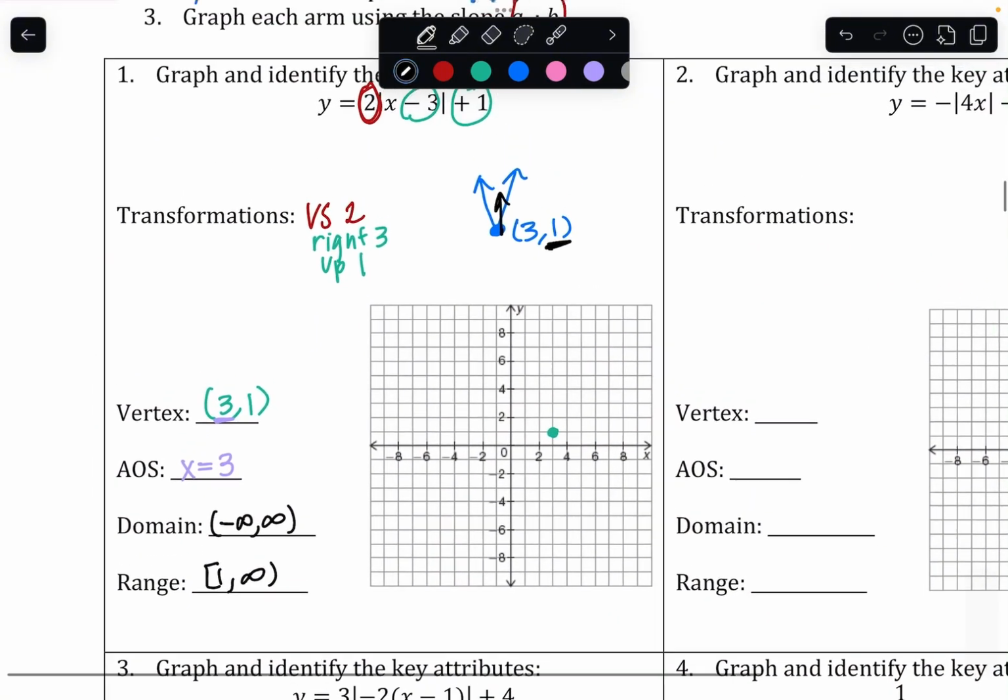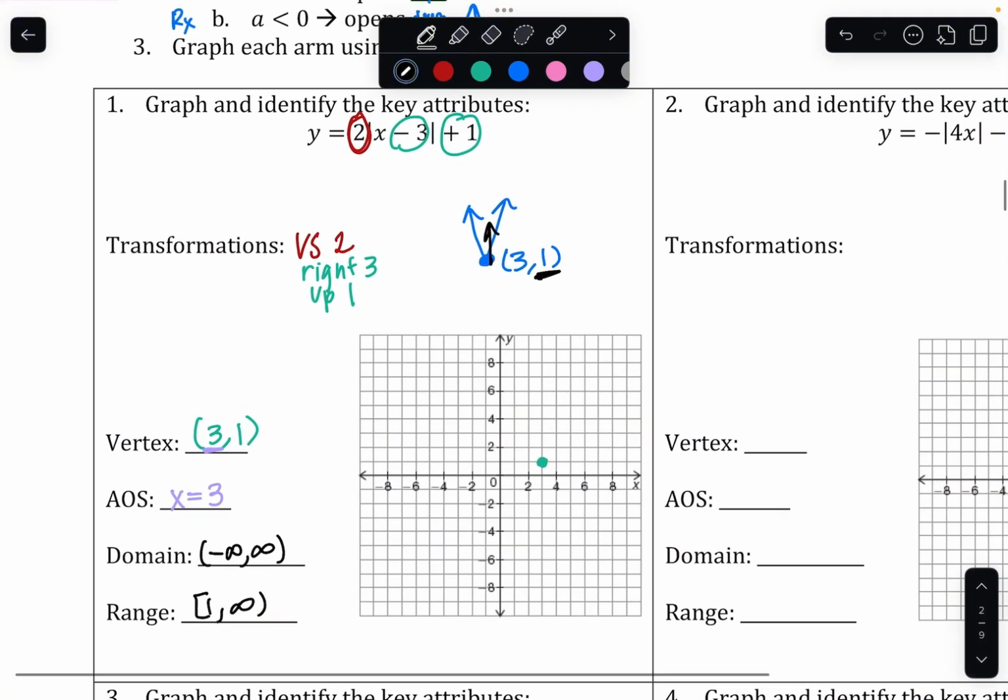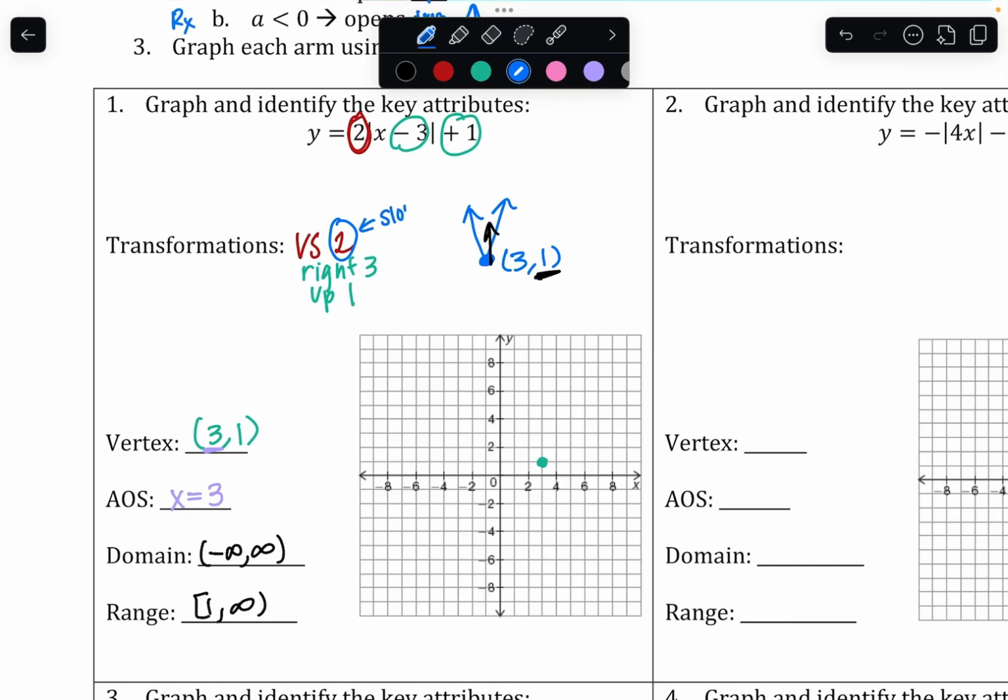All right, and so now to get an accurate graph, we just need the slope of each arm on each side. And so our slope here is always going to be your scale factor. And so our scale factor here is 2, and so that's your slope. And so we're going to go up 2 over 1, up 2 over 1.